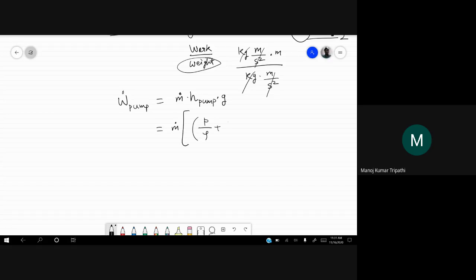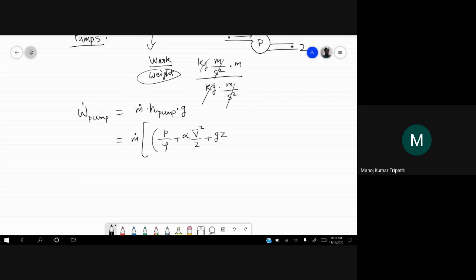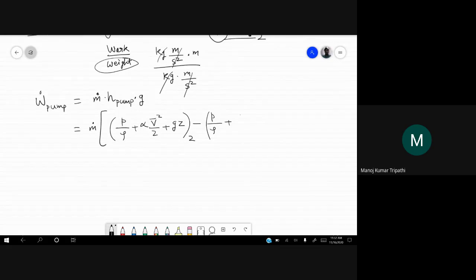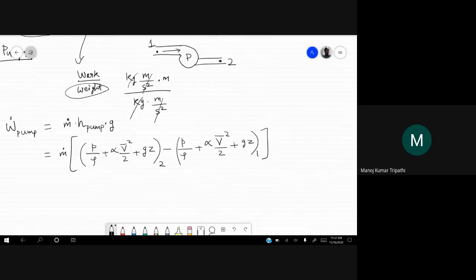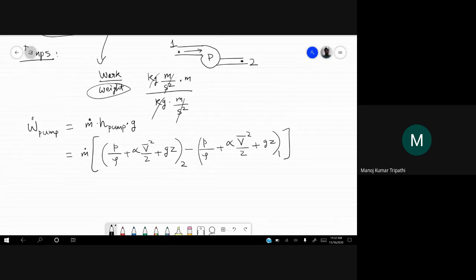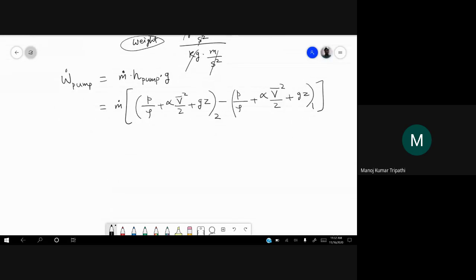Then it is P by rho plus alpha v square by 2 plus gz after multiplying by gravity everywhere, gravitational acceleration at point 2 minus at 1. Okay, so this is work done by the pump, and you can find the efficiency of the pump.